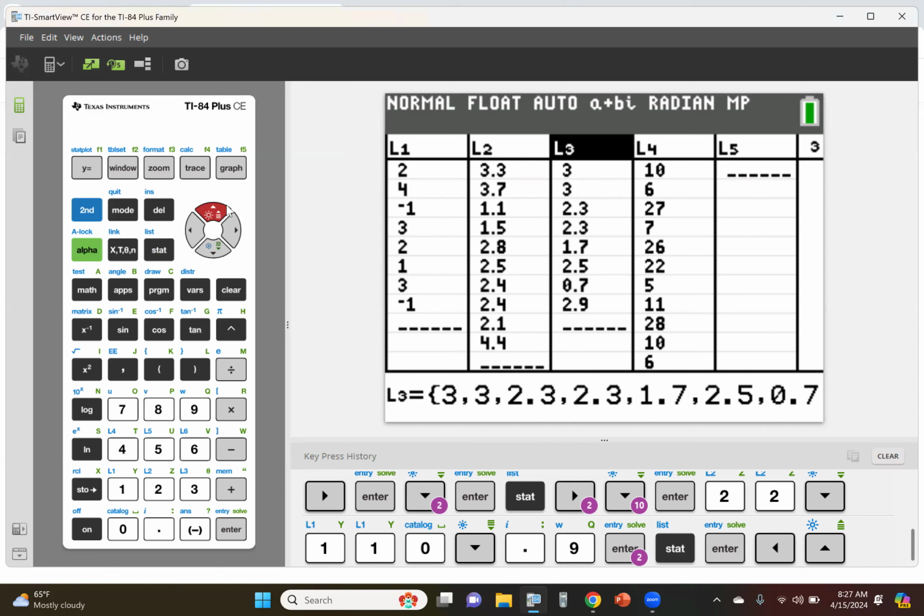And then you're going to type in second one, L1, minus second L2, and then enter. And it should give you the differences. Have you got the same thing that I have in my L1? Yep. Okay. So that's what I'm going to run my t-test on: the 2, the 4, the -1, the 3, the 2, the 1, the 3, and a -1.